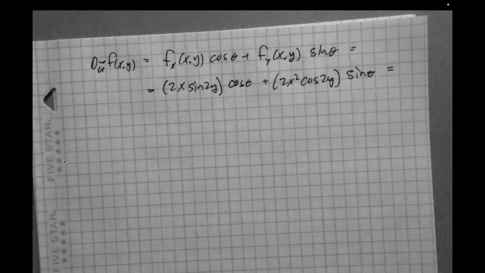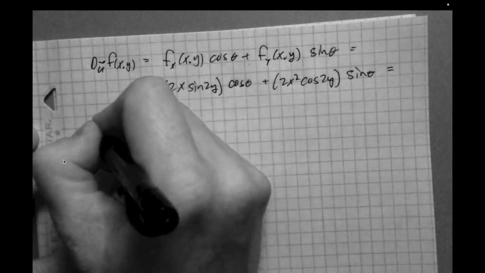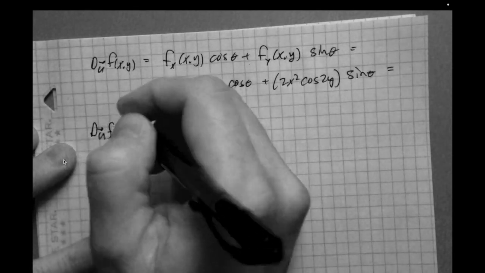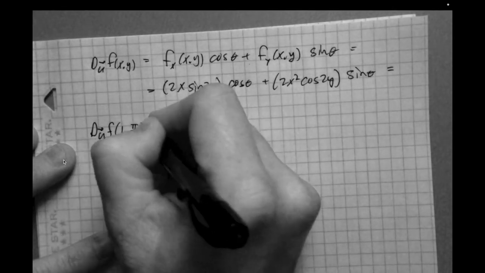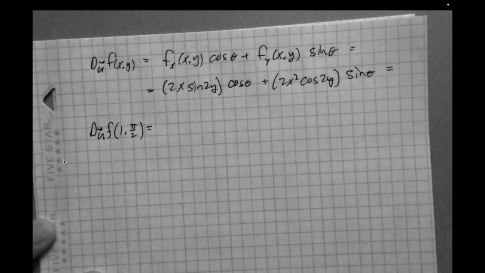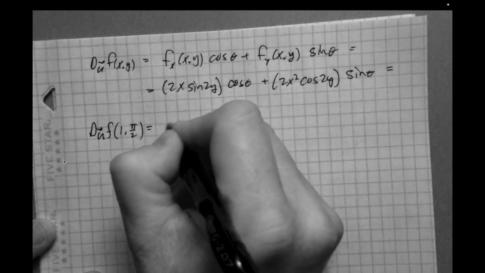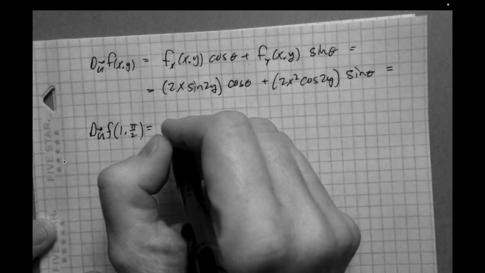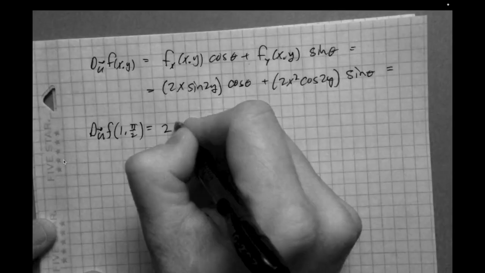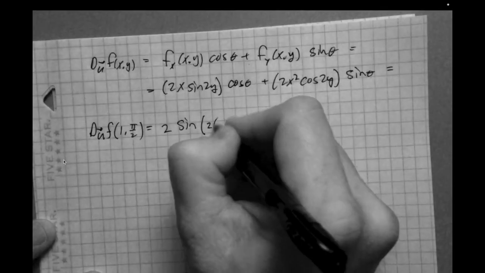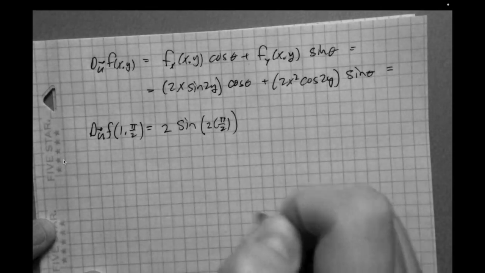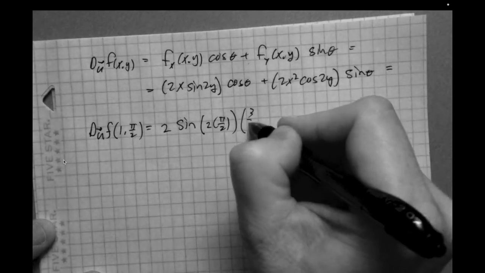And so what we can do then is evaluate this function using all of the given values. So D sub u of f, evaluated at 1 comma pi over 2, is going to be equal to 2 times sine of 2 times pi over 2, and then the cosine theta, which we just saw was 3/5.